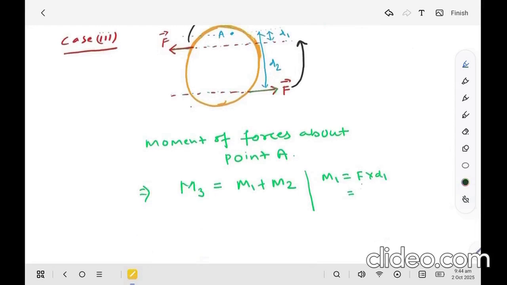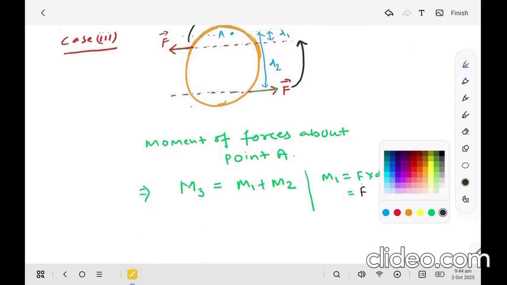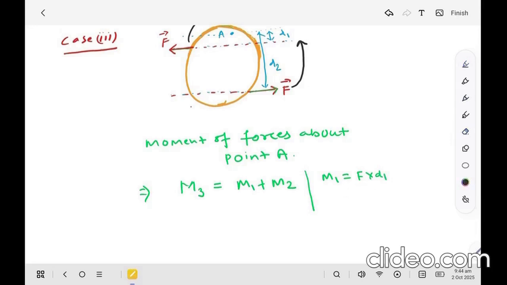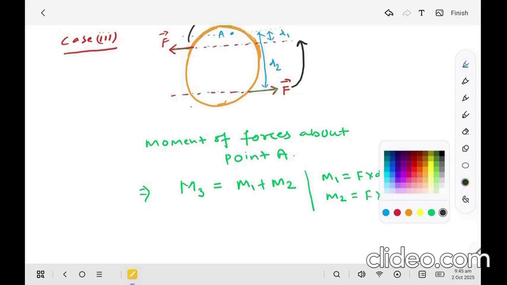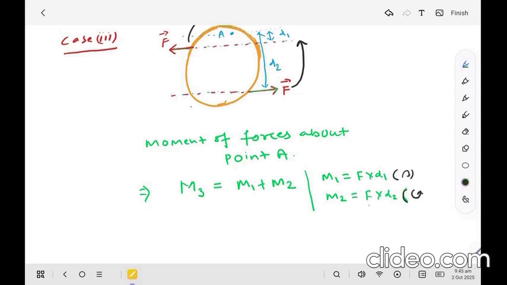So m1 is F into d1, and the direction is clockwise. For m2, it is F into d2, and the direction is anti-clockwise.